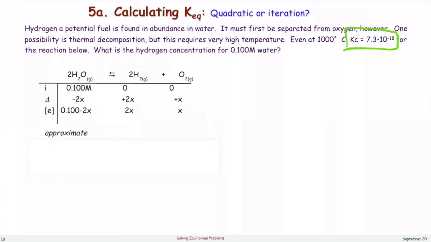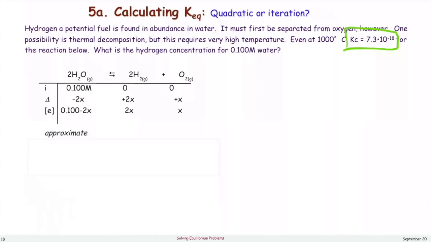If you had liquid water, it would be 55.5 molar, that's just the nature of it. But if you have a gas, you can make it 0.10 molar, because it's the moles of that steam in the volume it occupies. Anyway, we have 0.10 molar.